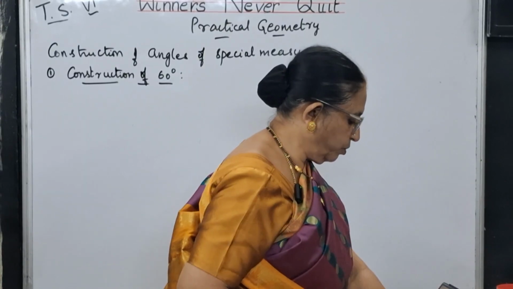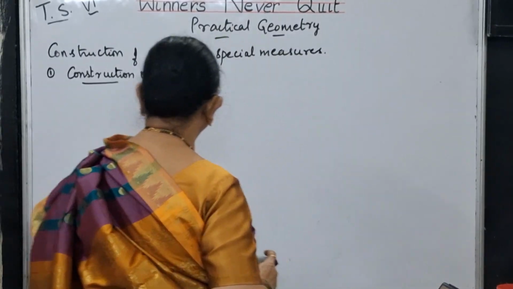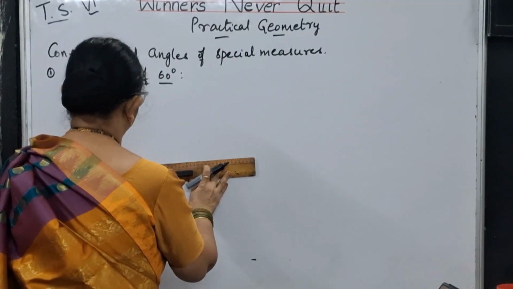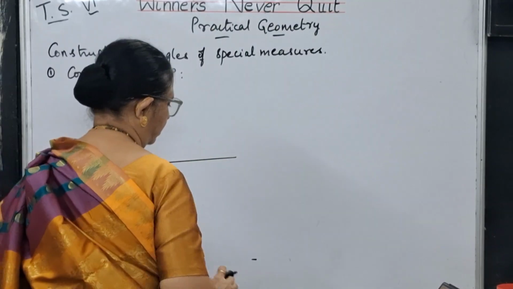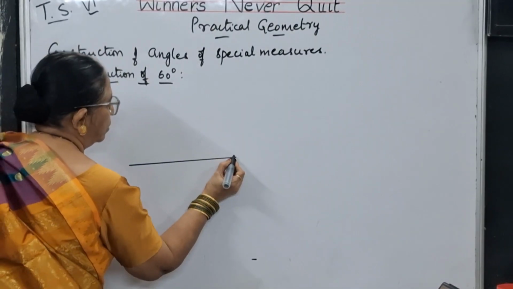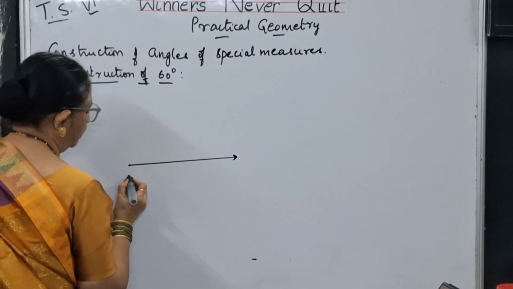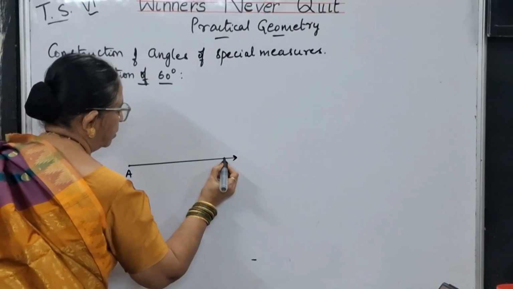First, you need to draw a ray. Let me call it ray AB.